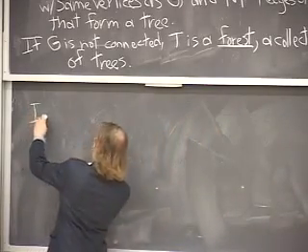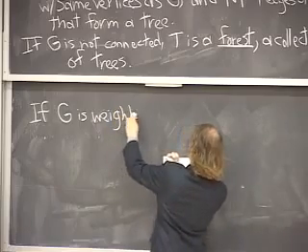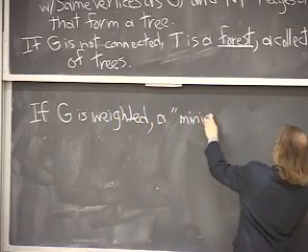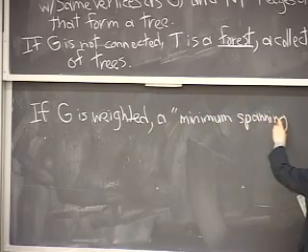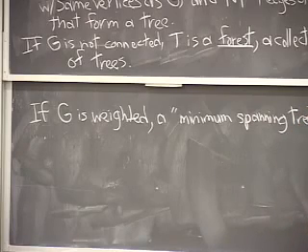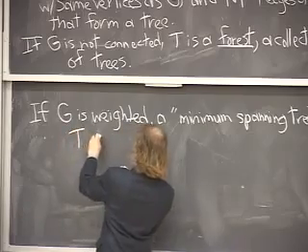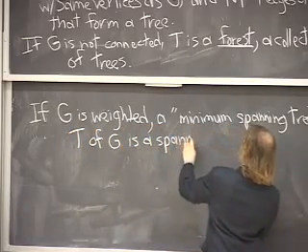Now, if G is weighted, then we can define a minimum spanning tree. Well, a typical graph, if it has enough edges, can have a lot of different spanning trees. So we want a special one. So what's a minimum spanning tree? Well, first of all, it has to be a spanning tree.